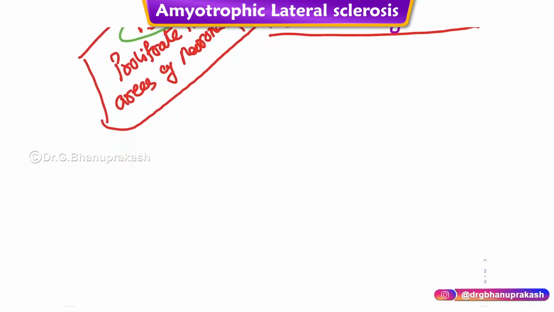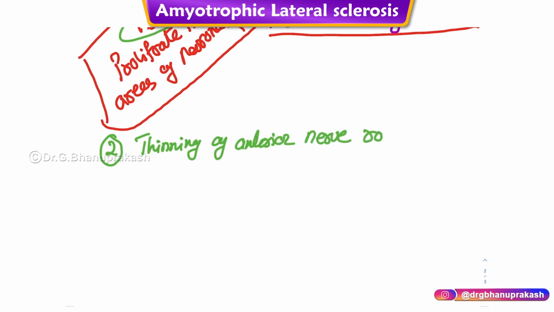Now let us discuss the second one. The second one is the thinning of anterior nerve roots. The second important morphological feature will be thinning of anterior nerve roots.